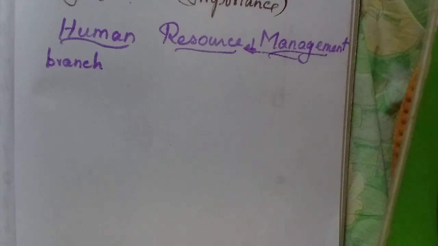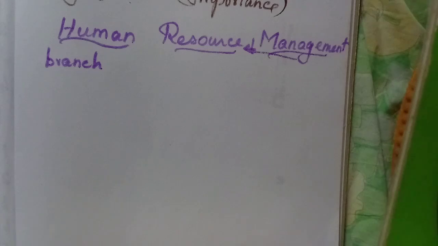Human resource is nothing but all the employees, that is why they are given different names: human resource, human constituents, employees, or the people of an organization. That means all those working in an organization, either the top level managerial personnel or the lowest level worker, maybe the sweeper. Everybody has to be managed efficiently and effectively.